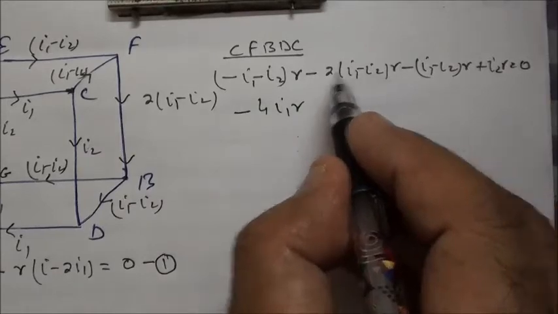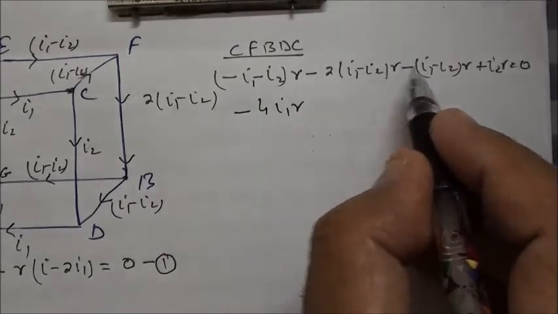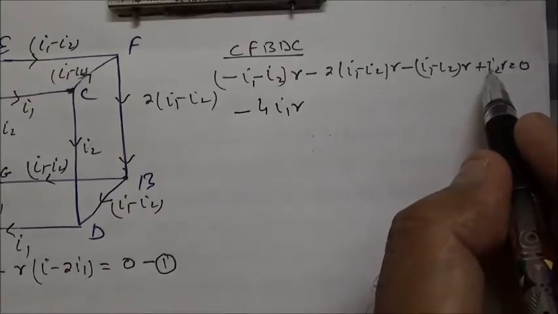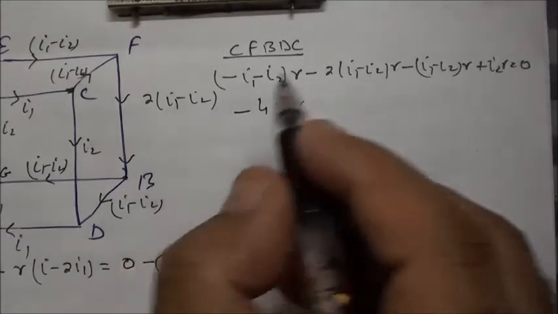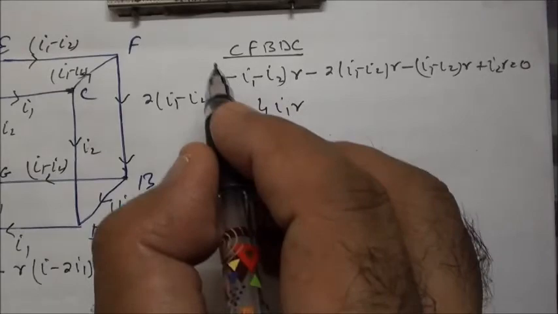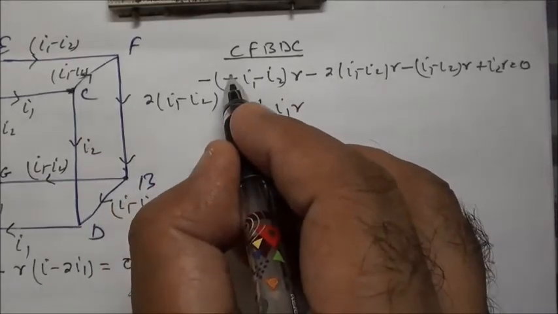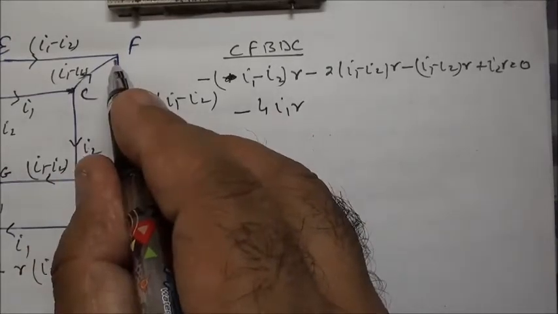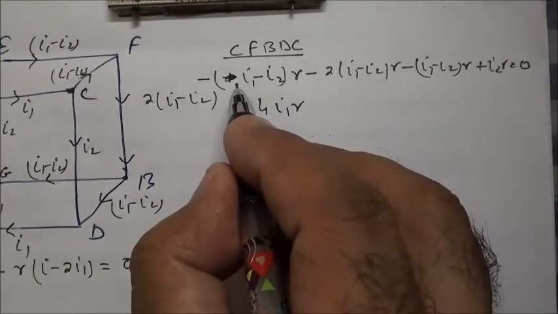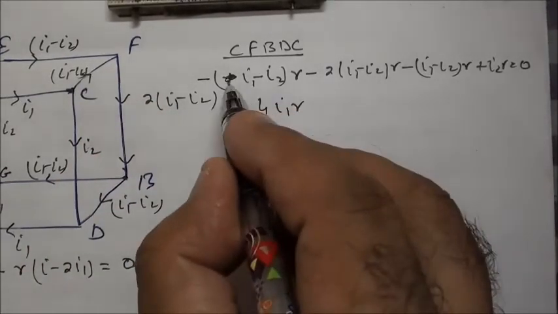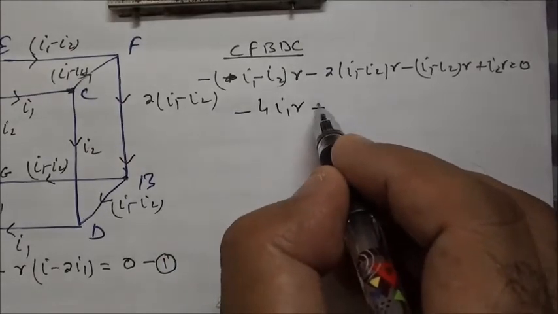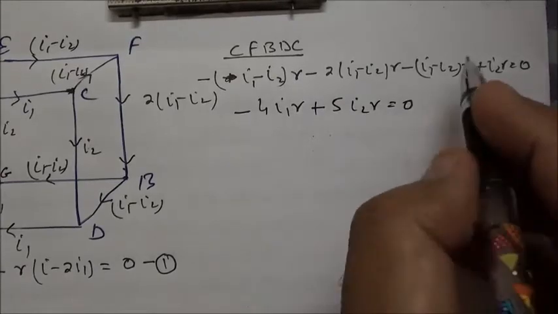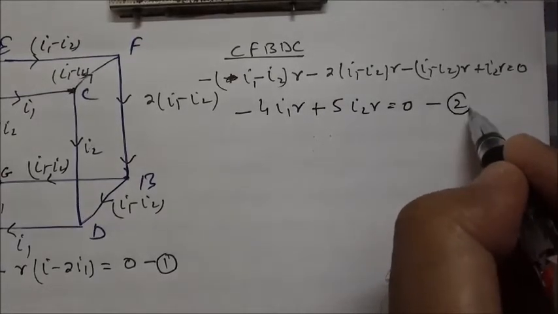I2R, 1, 2, 3, 4, and this was minus I2, sorry, I1 minus I2 into R. So minus 4 I1R and plus 5 I2R is equal to 0. Let this be the equation number 2.